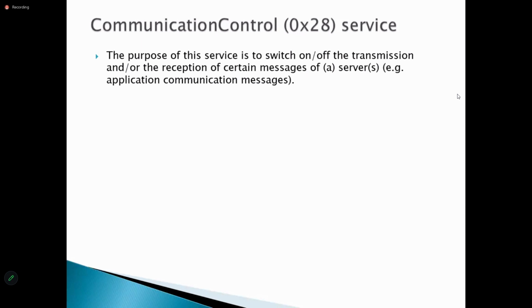If the request is sent using physical addressing mode to a particular ECU, then only that ECU will enable or disable transmission or reception of the communication messages. Understood? Yes or no? Good.